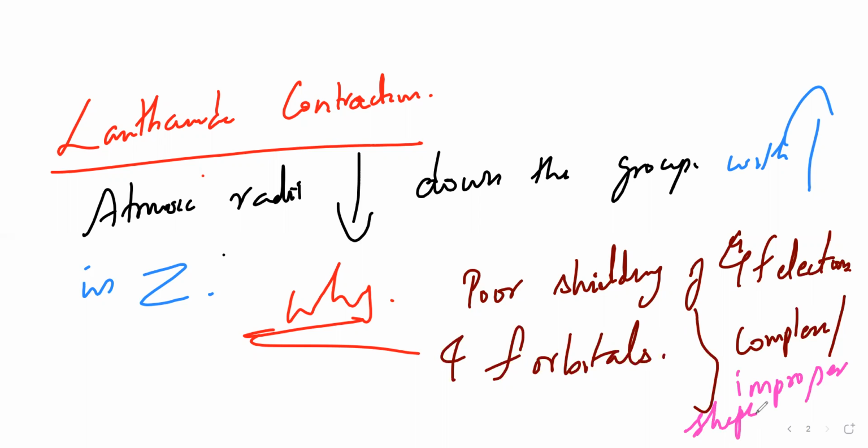Are you getting it? Is it clear to everyone? Poor shielding, for those who don't know what shielding is, I'll explain. The nucleus is on the positive side, correct? Electrons are on the negative side. The attraction between them is called nuclear charge.